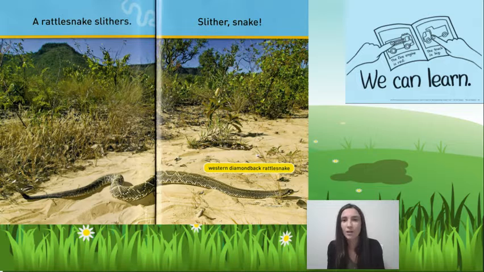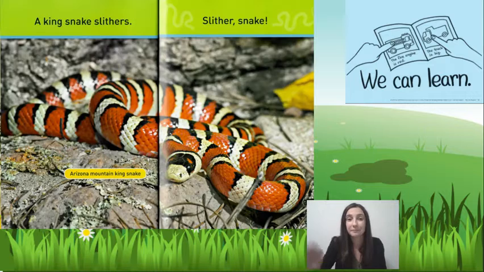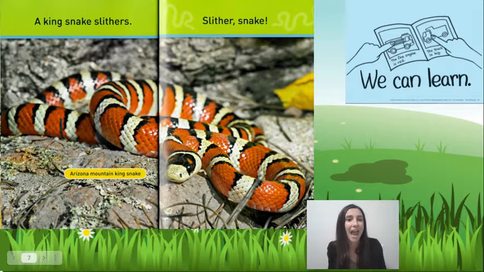So far, 2 of our snakes have not lived in the same spot. Or maybe they do. A king snake slithers. Slither snake, Arizona mountain king snake. This snake is on a rock. So that's a different place where that different snake lives.